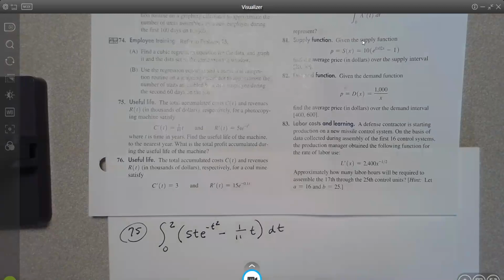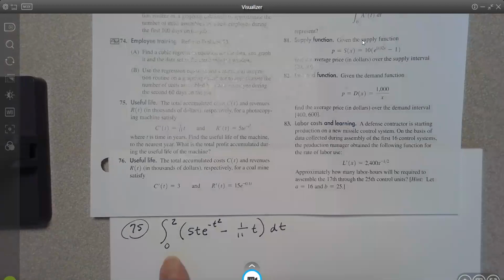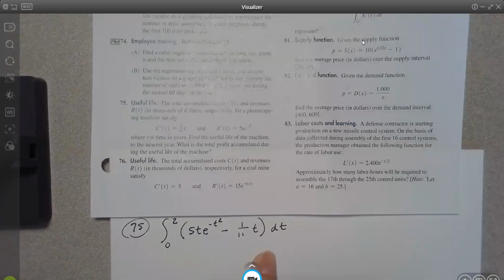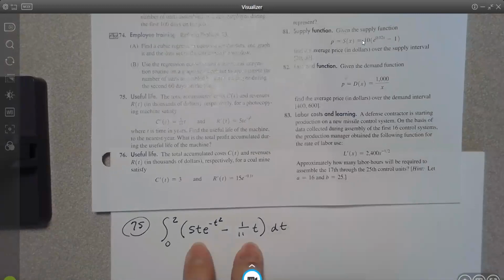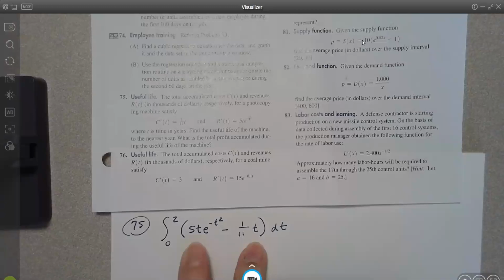Now guys, since you are all on an application problem, what I want to see is called the integral setup. Lower limit, upper limit, what you're doing with your particular problems here. In this case, I'm finding my profit. And then whatever your independent variable is, we always have that d-whatever at the tail end.